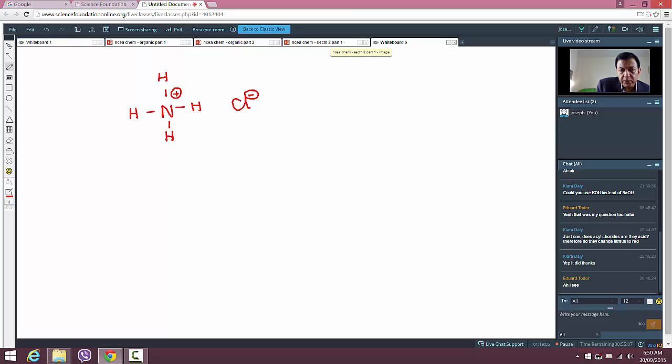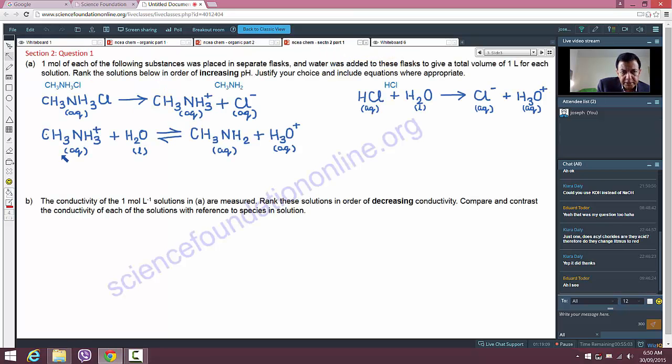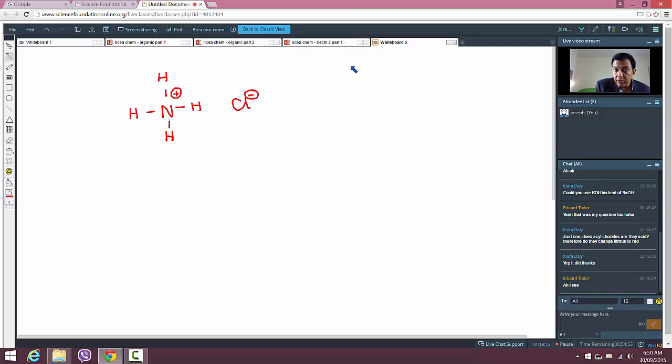Now, this particular compound, which is our CH3NH3 1+, you can think of it as just being like an ammonium ion, except that instead of a hydrogen, we knock out the hydrogen and replace it with a CH3 group. So instead of just a hydrogen, one of those is a CH3 group.